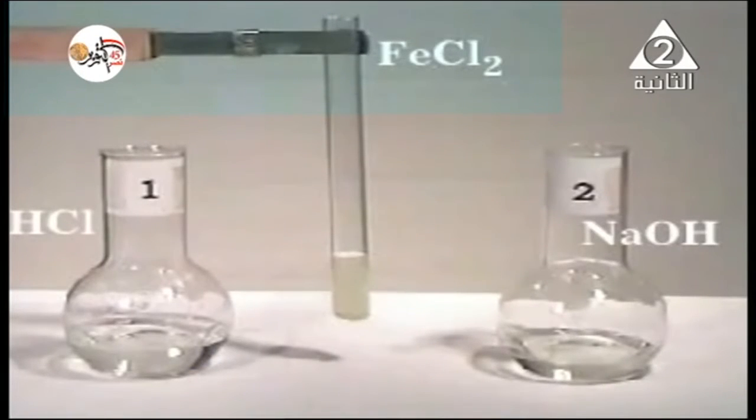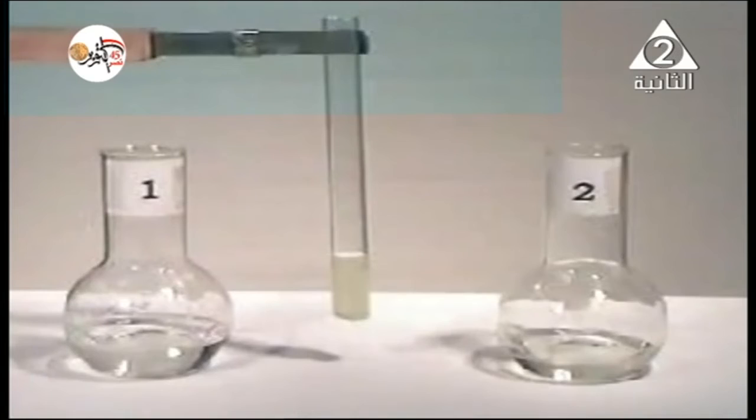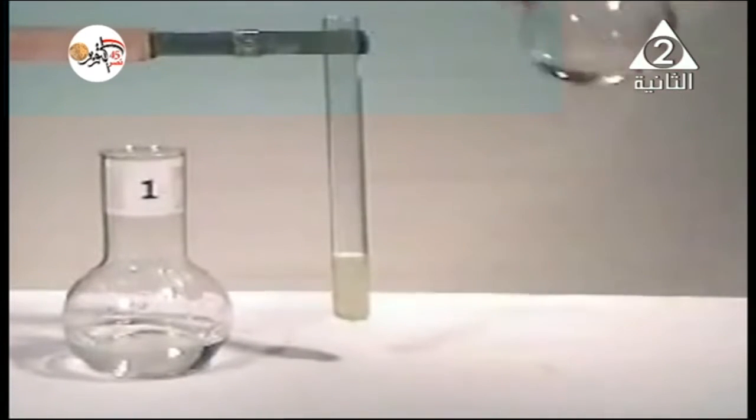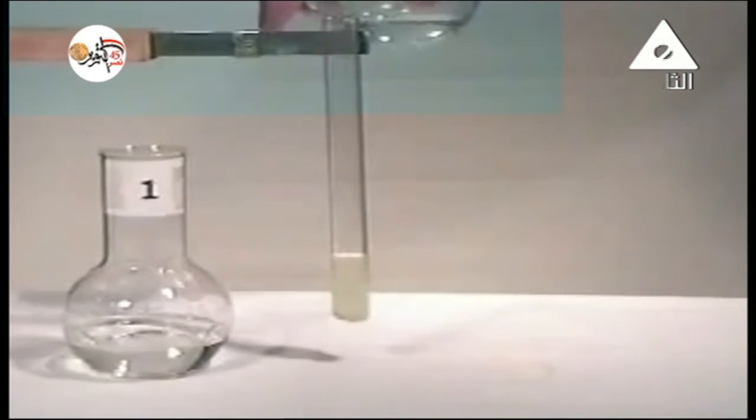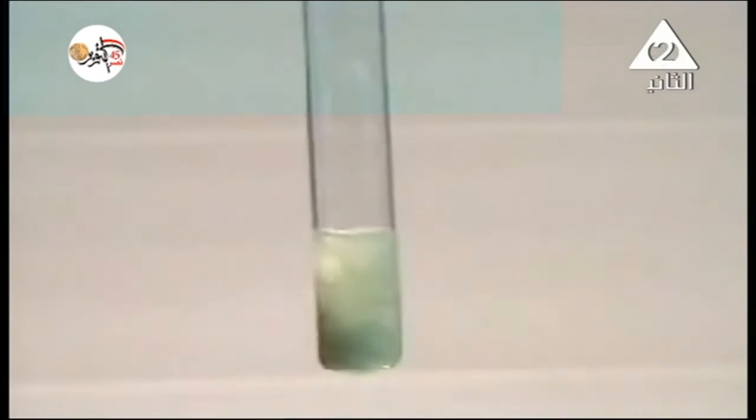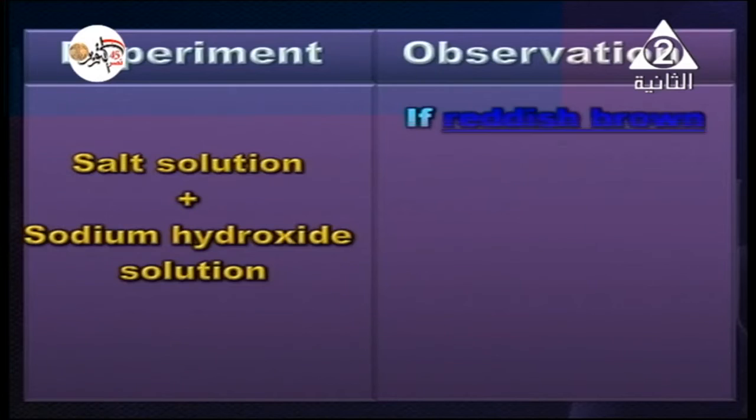Here, my dear student, when putting iron 2 chloride with sodium hydroxide, the reaction gives iron 2 hydroxide, which is a white-green precipitate as shown on the screen, indicating that the chloride salt is iron 2.